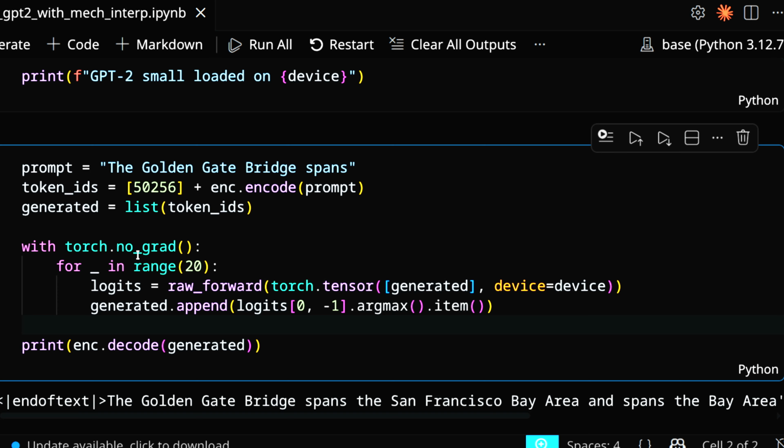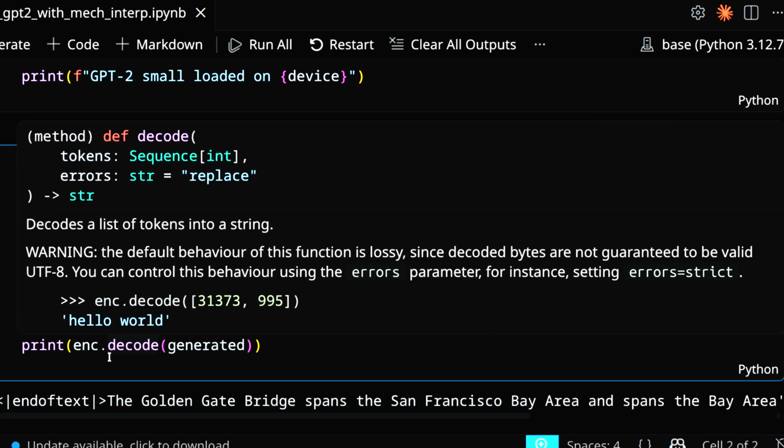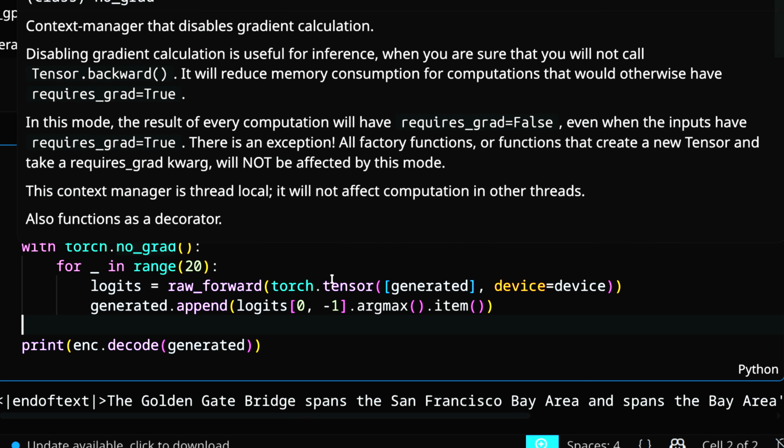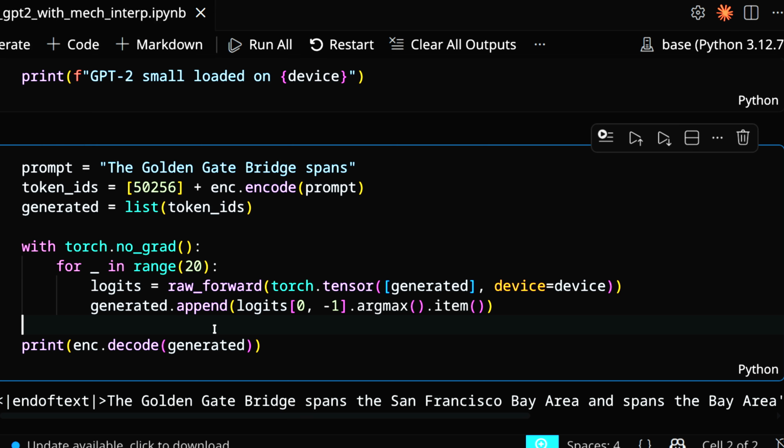So once it hits the end of this range, then it drops down to here and decodes the numbers, because this generated list is actually a list of numbers that gets converted back into words.